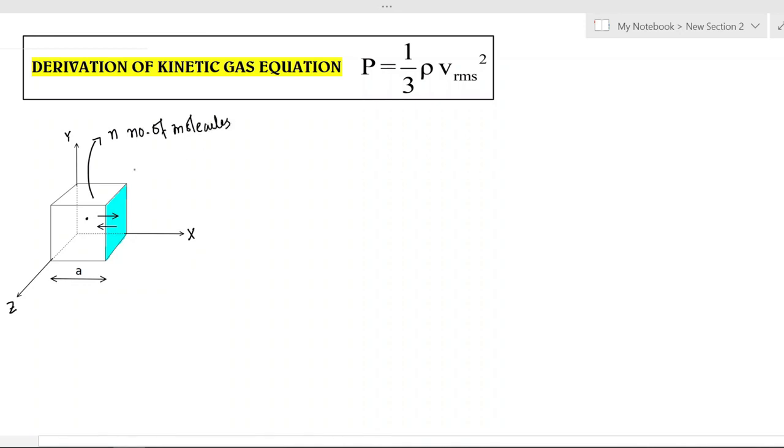N number of molecules are kept within this cubical container, and the mass of each molecule is m.